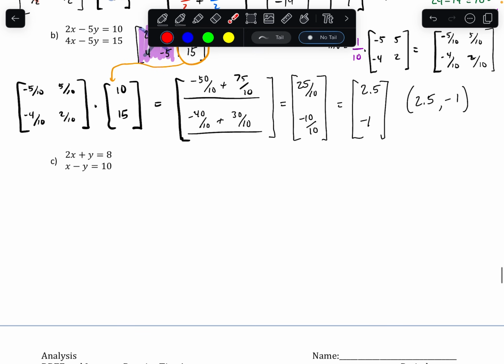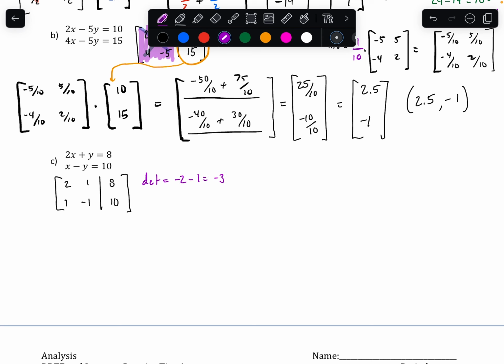All right, so matrix 2, 1, 8, 1, negative 1, 10, line, determinant. Let's see, so we're doing this, negative 2 minus this, which is 1, which is negative 3.